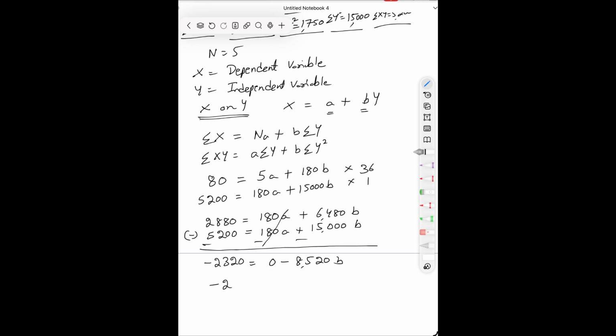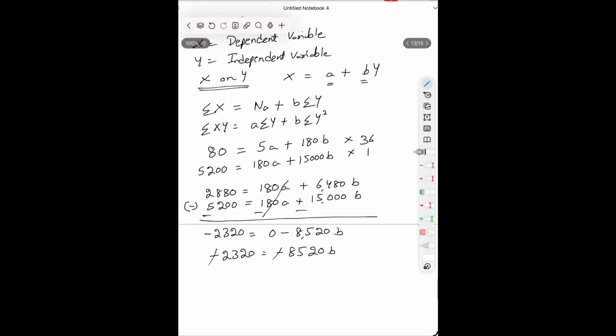So this equation becomes minus 2320 is equal to minus 8520b. Cancelling out the minus sign, the value of b comes out to be 2320 divided by 8520, so the value will be 0.272. Now this is the regression coefficient.